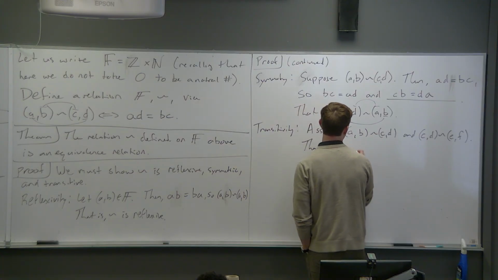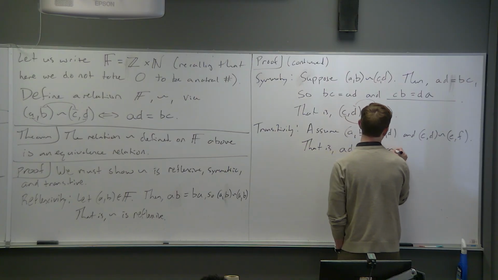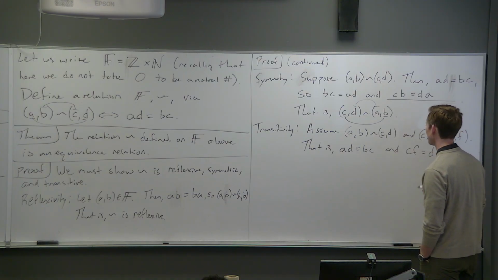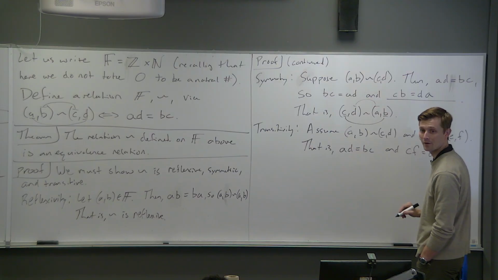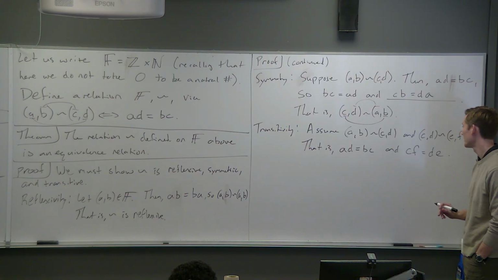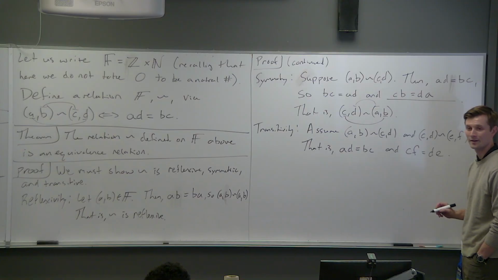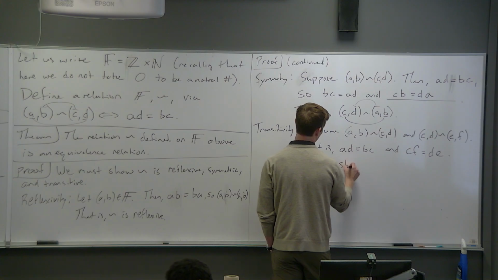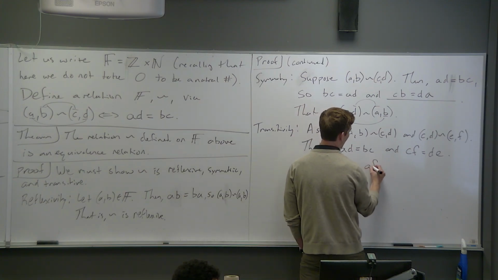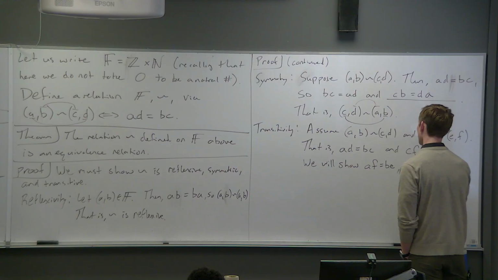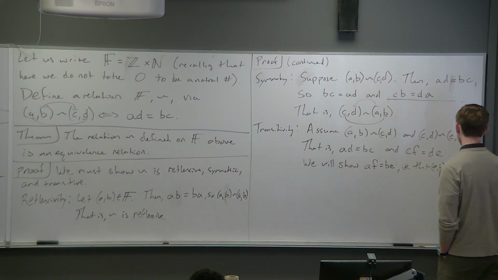That is AD equals BC and CF equals DE. What do we want to show? Let's think about it. What do we need? AF. We will show AF equals BE, i.e. that AB is related to EF.